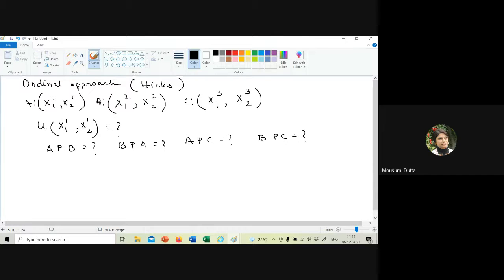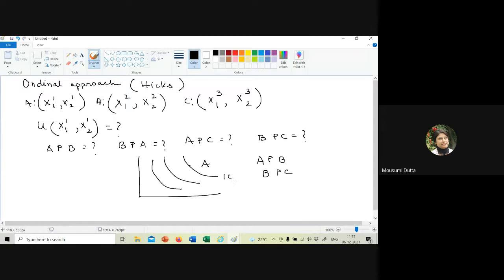And again, we can say that C will lie on an indifference curve below the curve consisting of B.